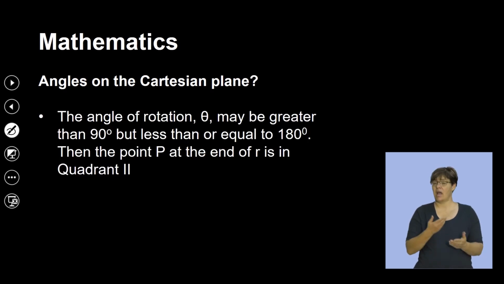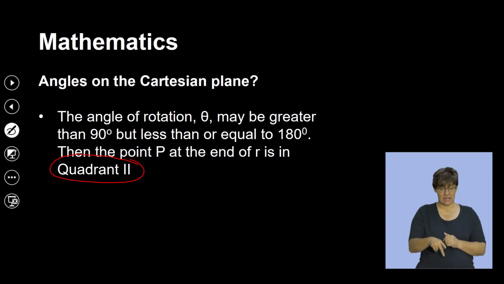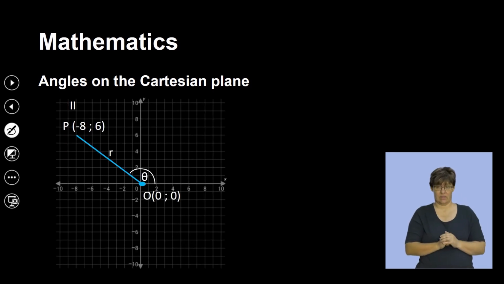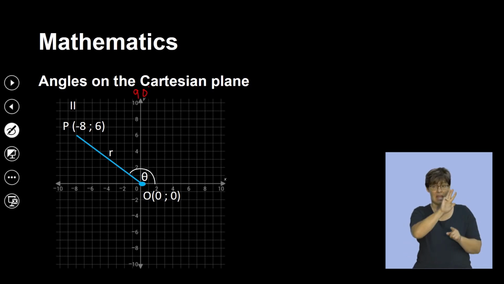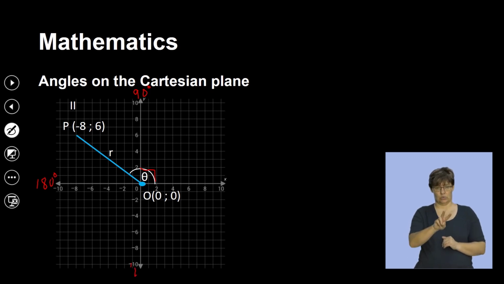Also, this angle might be greater than 90 degrees, but less than or equal to 180 degrees. Therefore, the point P will be placed in quadrant 2. In quadrant 2, this point here is 90 degrees, because this makes a right angle, this will be my 180 degrees, and this will be my 270 degrees.